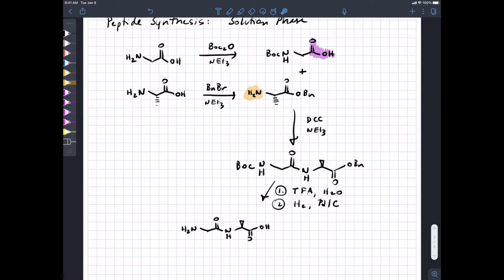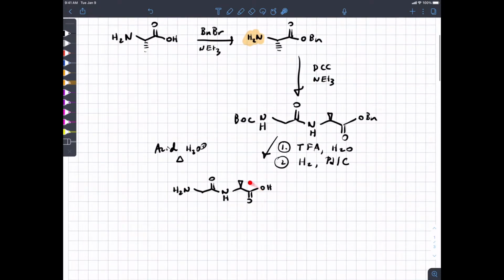So your alternative is some acid, and you probably have to heat it. That will both remove the Boc group and hydrolyze the ester, so that would be fine. The reason you'd want two different conditions is because we don't often want to stop at the dipeptide.